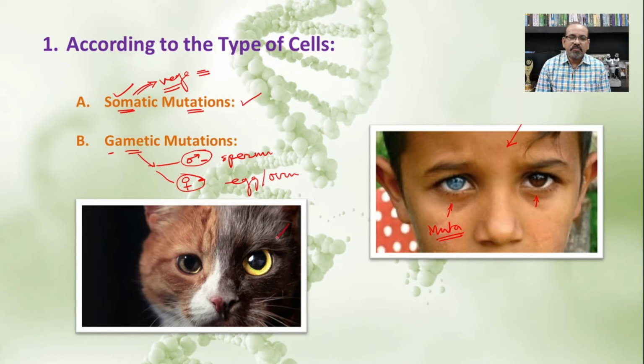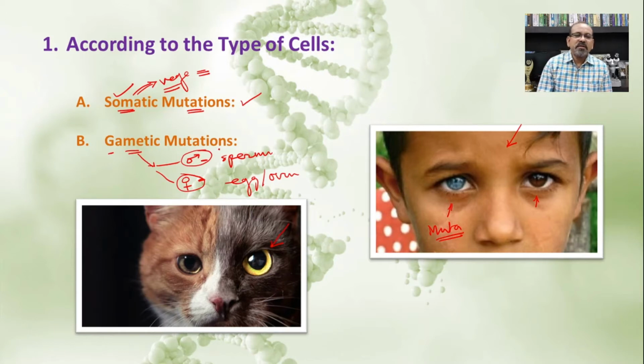Similar cases were reported in cats also, like in humans. If you just search for somatic mutations or human mutations in the eye, you will find thousands of pictures. Such somatic mutations are there in plants, animals as well as human beings.